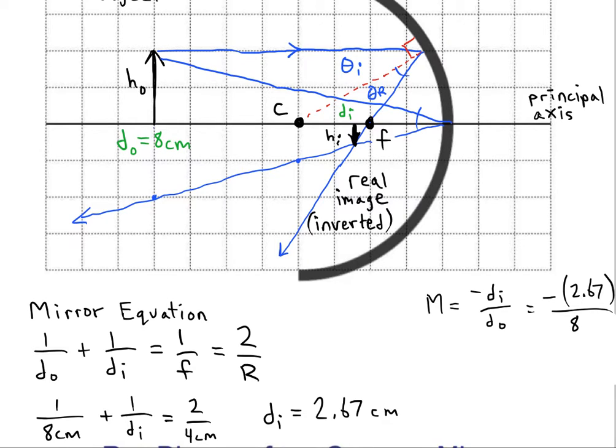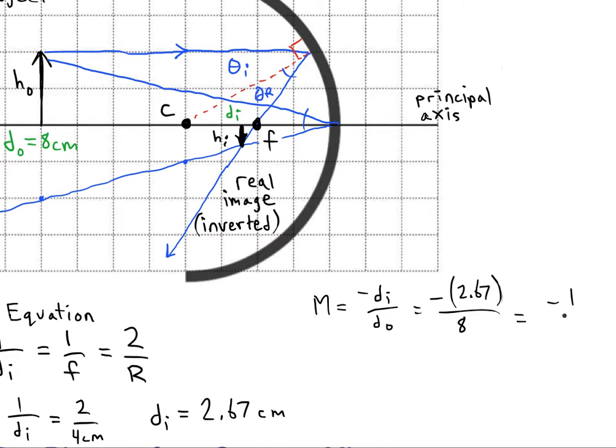As you can see, the magnification is going to come out negative, so the formulas just work out perfectly for all these situations. Negative 1/3. And it does look like our image is 1/3 of the size that the object was.